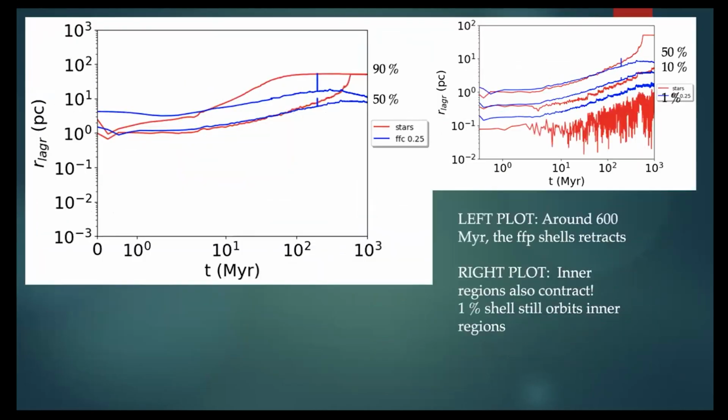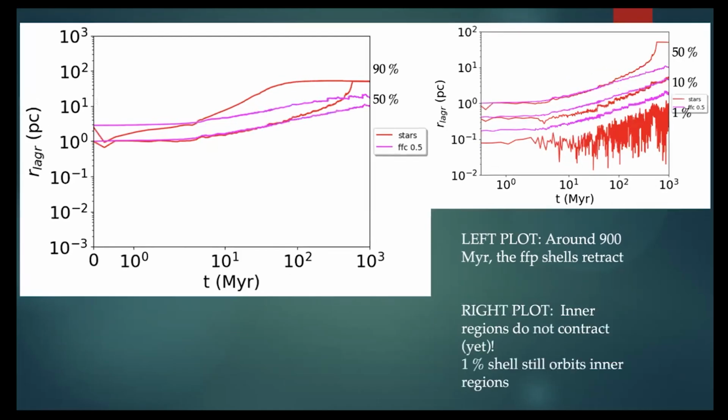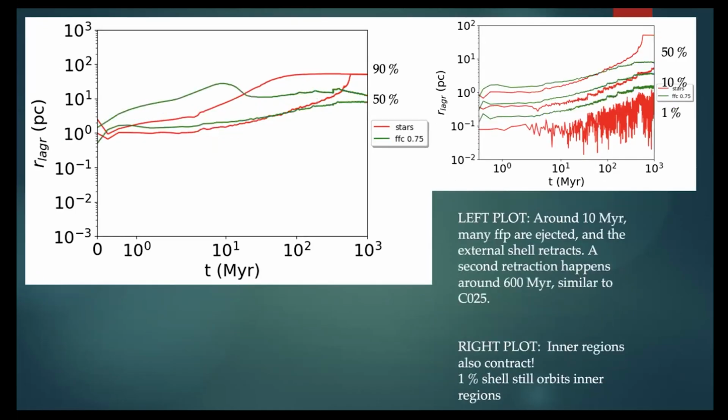I will probably just skip those, because here we have a very nice result: the shells of the free-floating planets in all the cases tend to retract. So the planets around 1 giga-year tend to go back in every case. This is in 50%, 20 here, and also here.